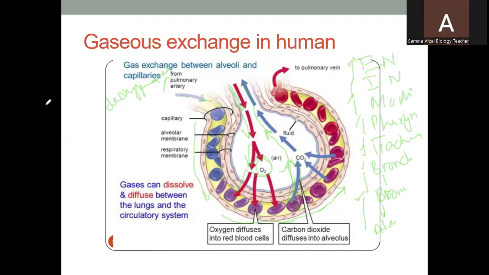It enters into the bloodstream, whereas the capillary has a higher concentration of carbon dioxide, so it will leave the capillary and enter into the alveolus, follow the same pathway and move out of the body. So in this way, the exchange of gases takes place in the gas exchange surface.